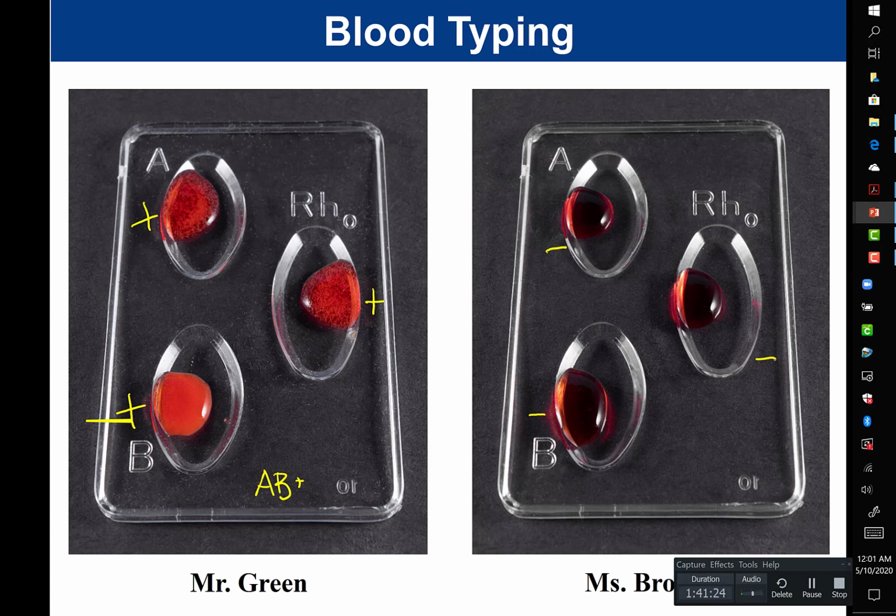So what is Ms. Brown's blood type? She is O negative, because she doesn't have A or B, and she doesn't have the D antigen. And so this is how we would determine blood type.